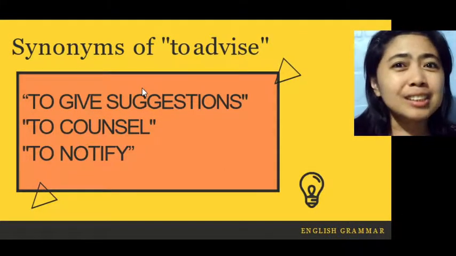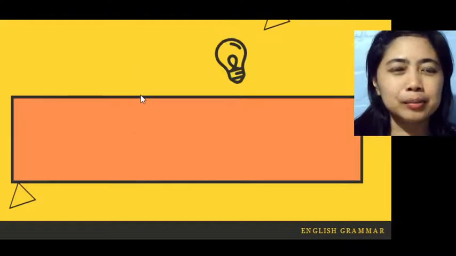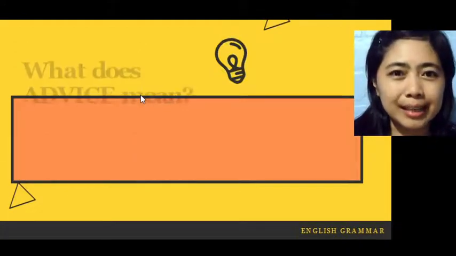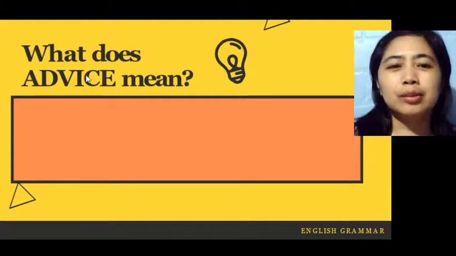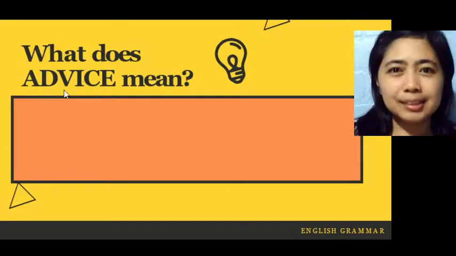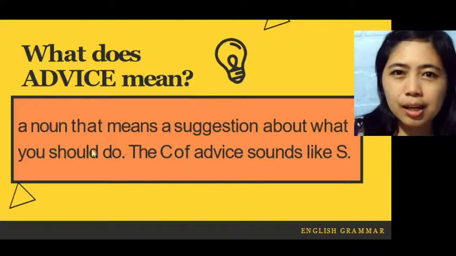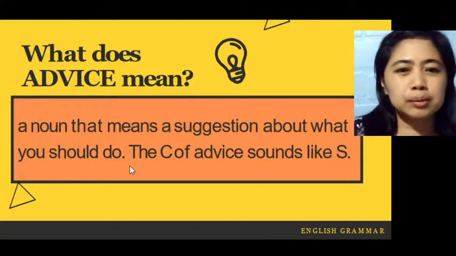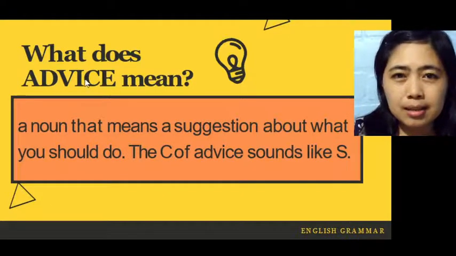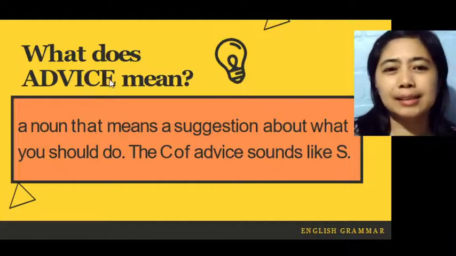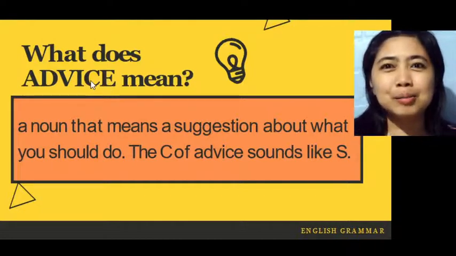Now let's try to compare them for a better understanding. With a C here, advice is a noun that means a suggestion about what you should do. The C of the word sounds like S, so don't be confused.